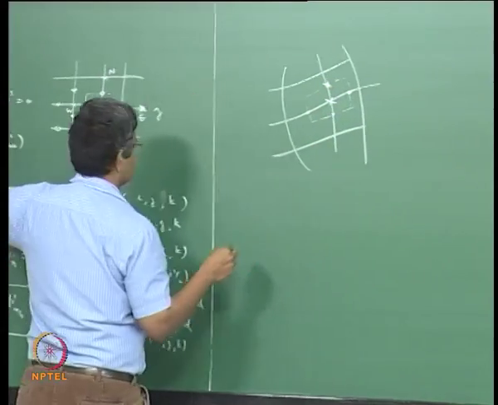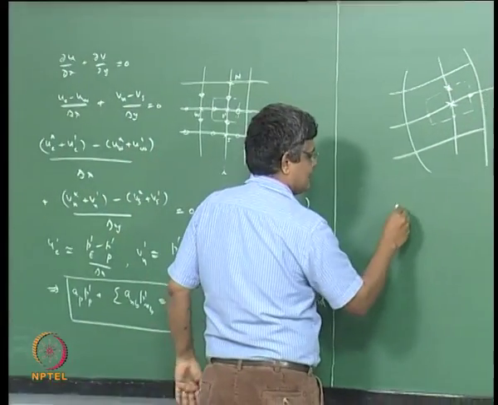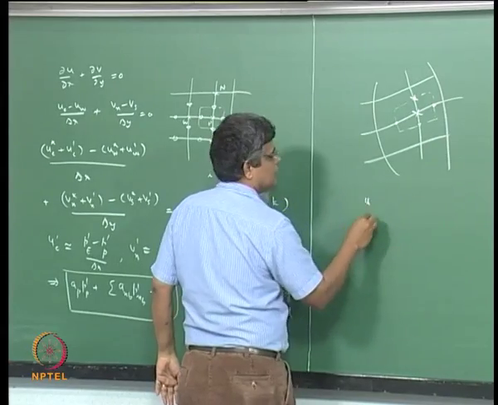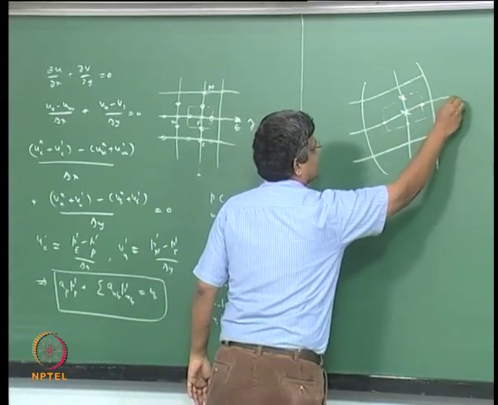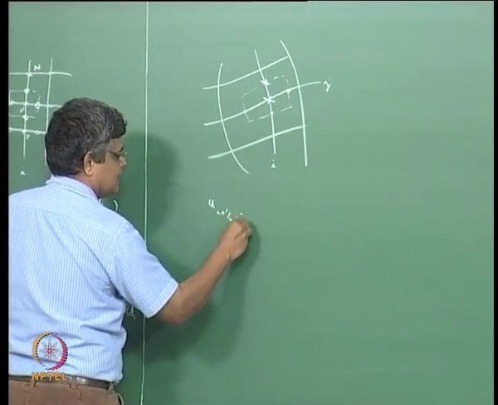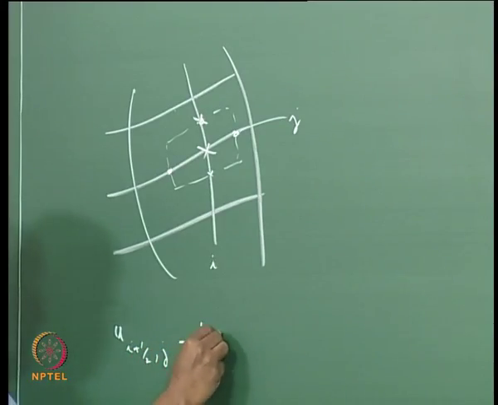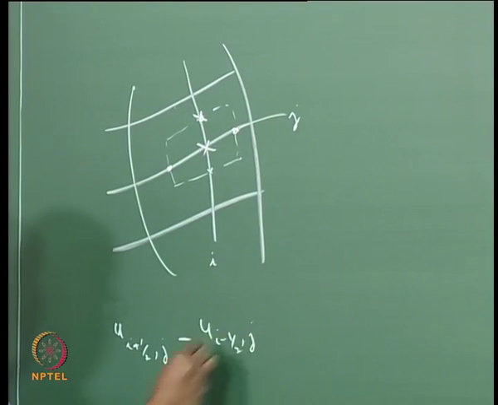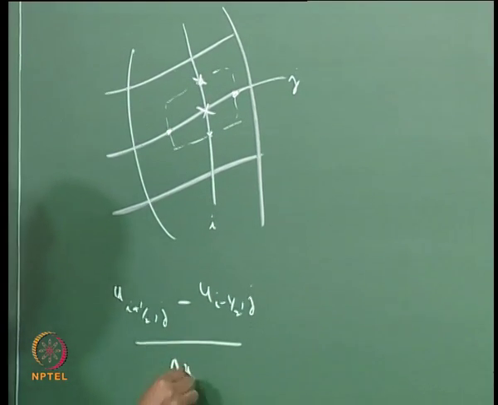So we can write it like this: if you say that this is i here and j here, we need u at i plus half, j minus u at i minus half, j divided by delta x.